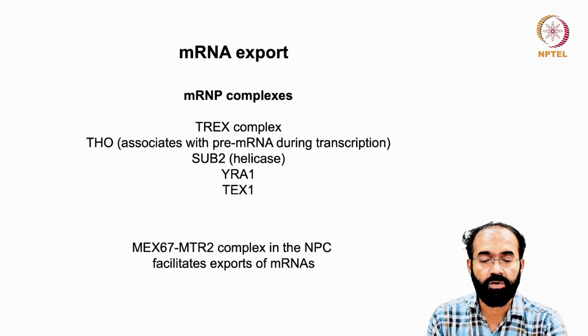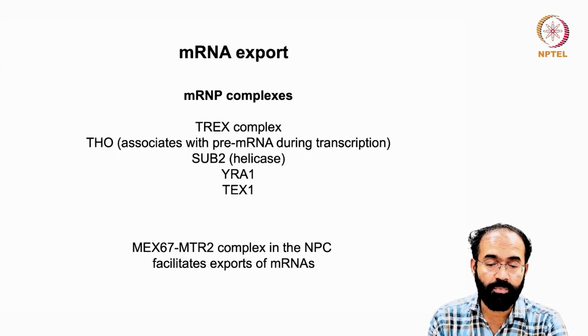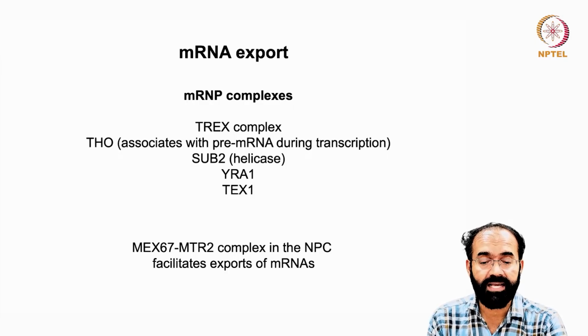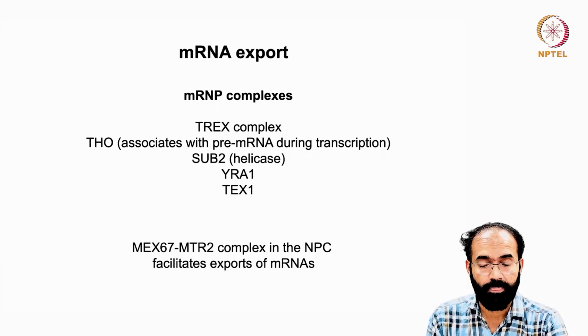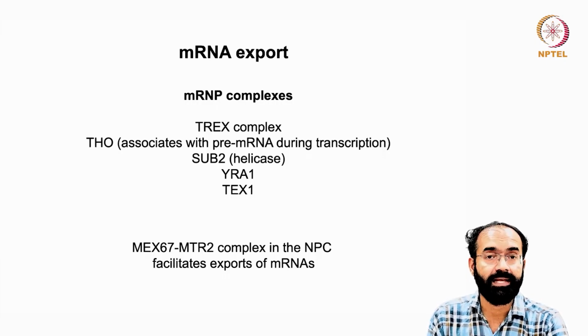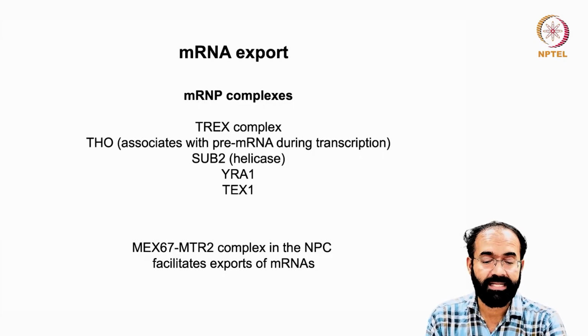This complex involves the TREX complex and THO, which associate with pre-mRNA during transcription, and another protein Sub2, which is a helicase, and YRA1 and TEX1. And another complex in the nuclear pore complex is MEX67-MTR2, which is important in the movement of the cargo that facilitates the export of mRNAs.